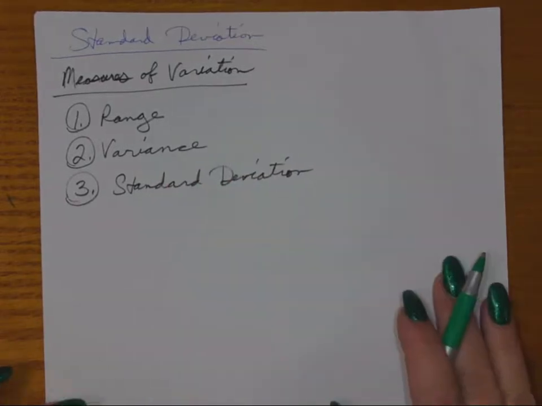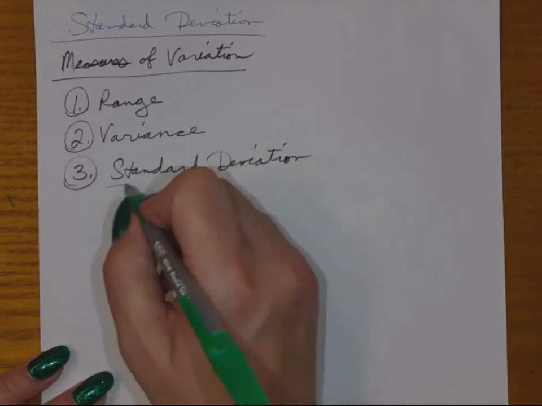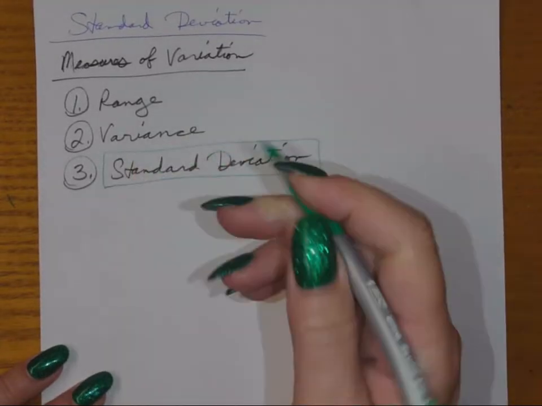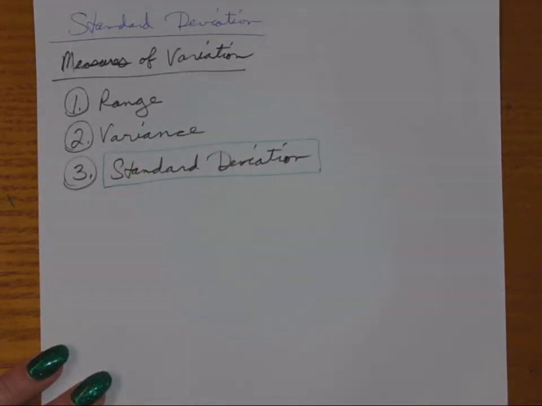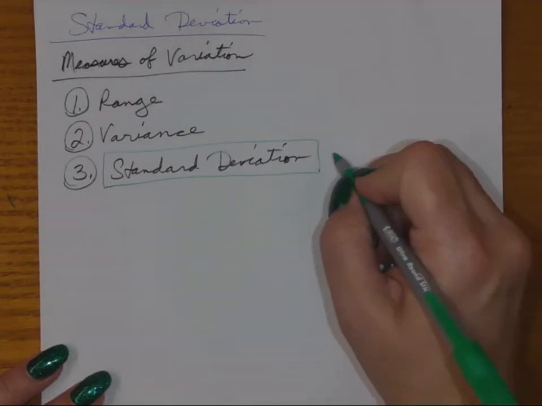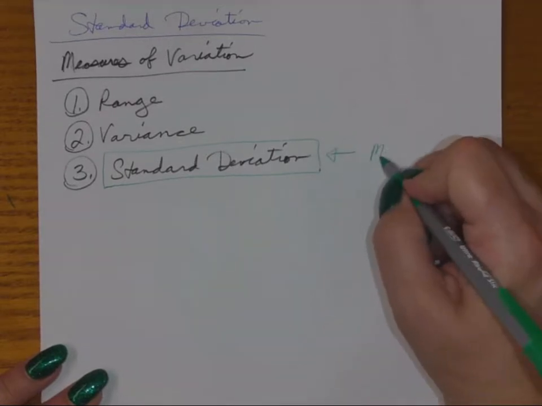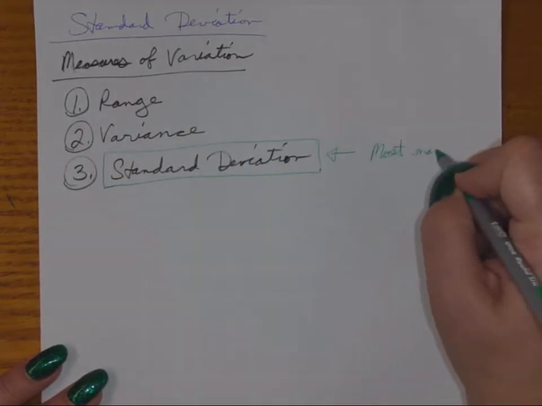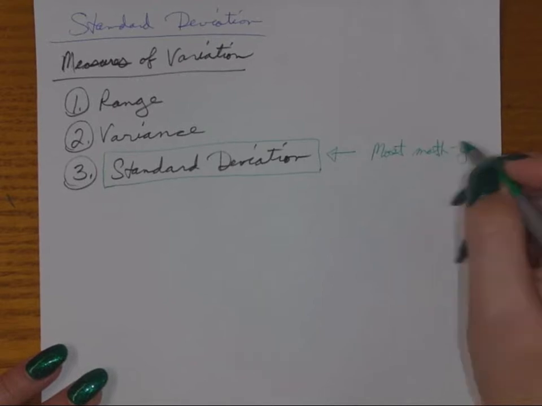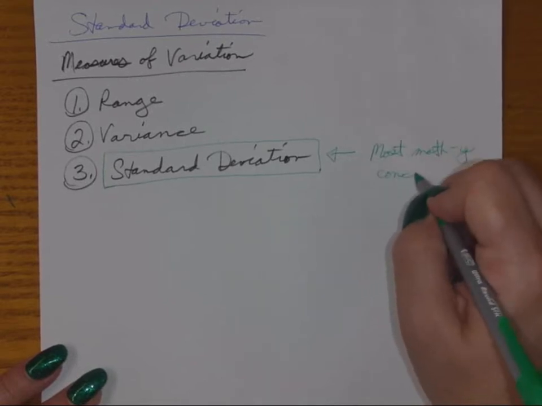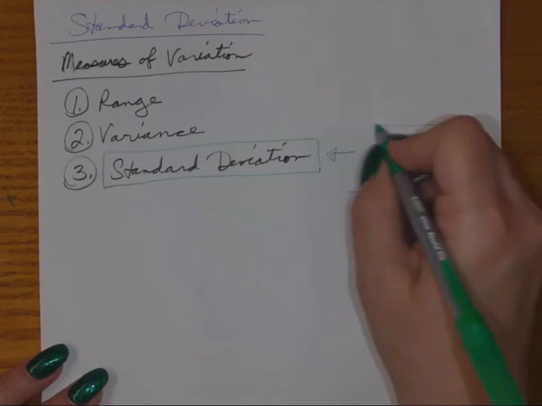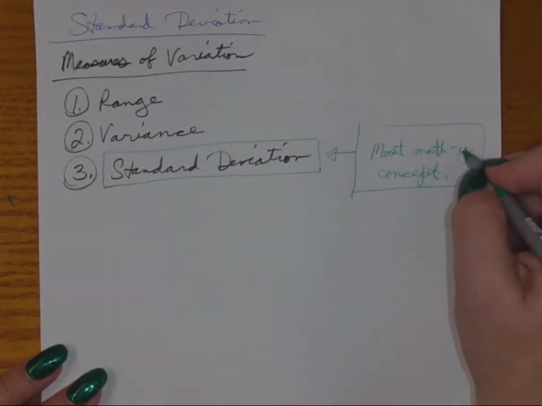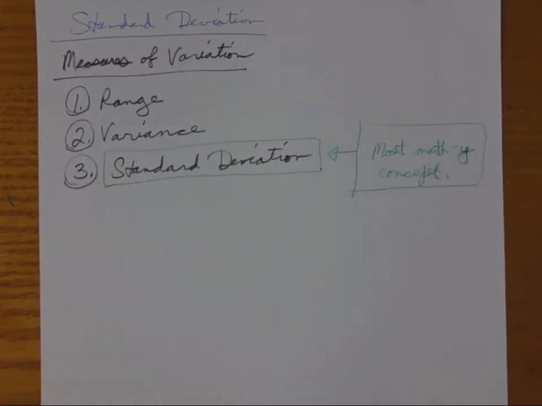And I'm just going to say, for my money, in this particular course, because this is considered a liberal arts math class, this particular concept is, in my opinion, the most math-y concept that we have. It's really very math-ish, and there's a lot of variable type stuff that goes on. So I apologize a little bit in advance for the notation.